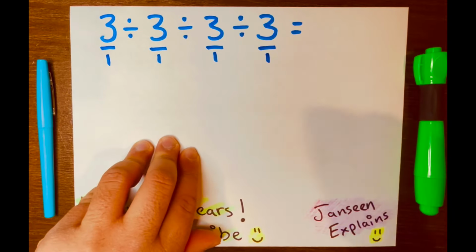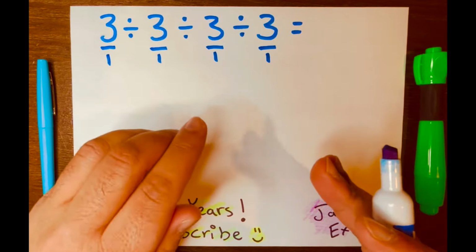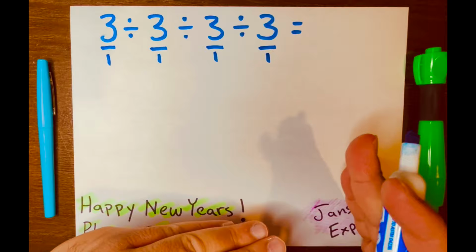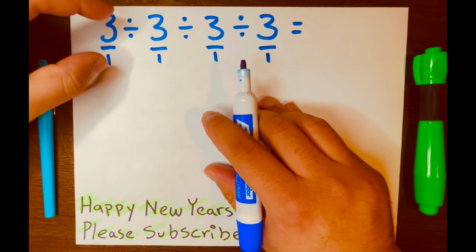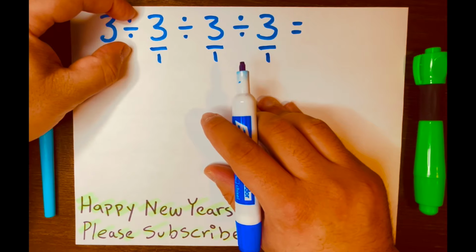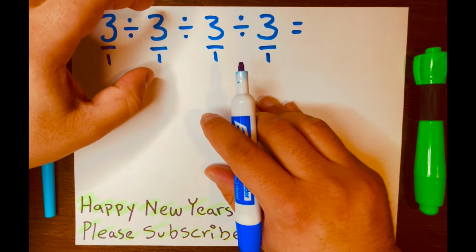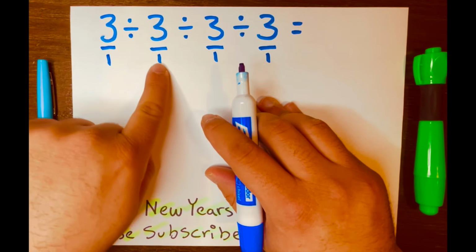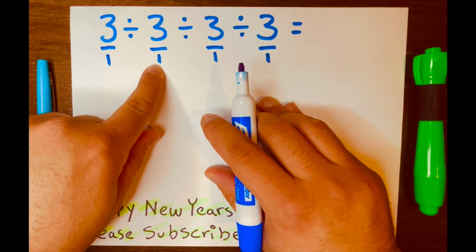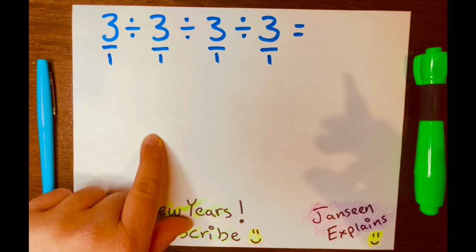Next, we need to know the keep, change, flip method. So we're going to keep the first part, then change the division to multiplication, and lastly, we're going to flip the last part, or the third part, in the keep, change, flip method.